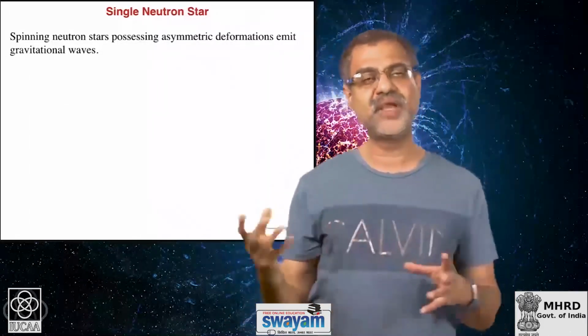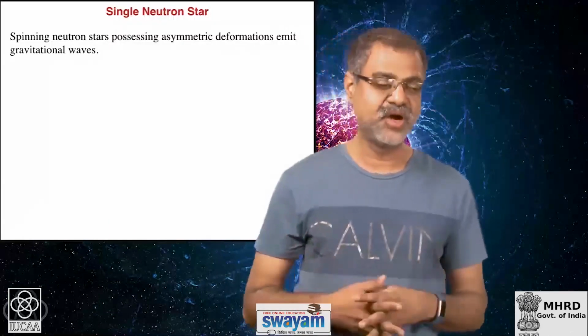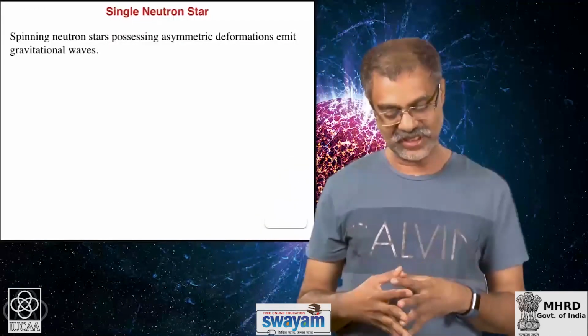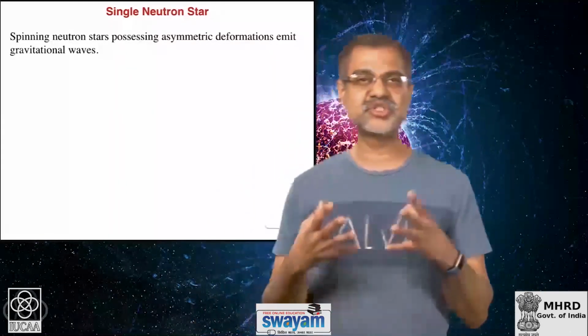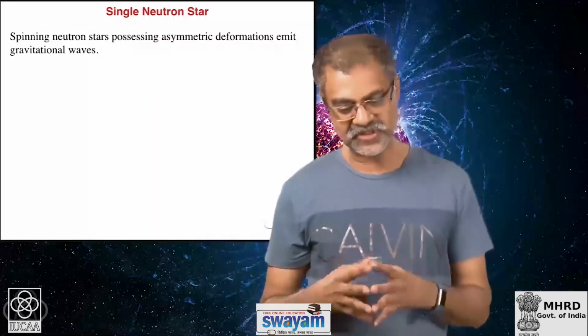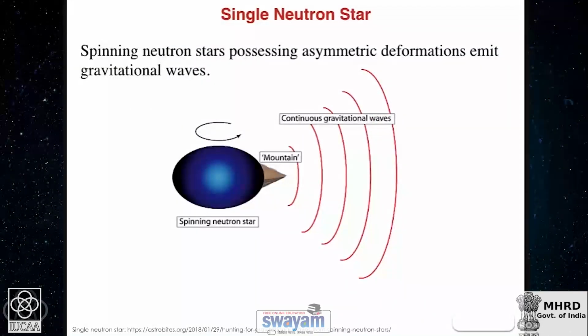Now, they will be rotating at a frequency of about 1 kilohertz or less, and one can expect a small deformation on the surface of these stars. For example, you could have a small, imaginary mountain on the neutron star, which essentially produces a quadrupole moment.